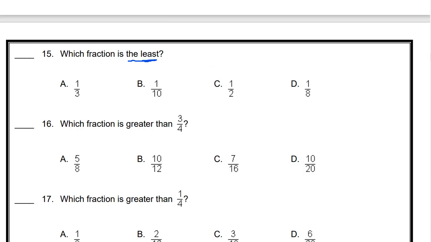What is the meaning of least? Least is small. Yes, least means smallest. Okay, and you said that one half is the smallest. Why?